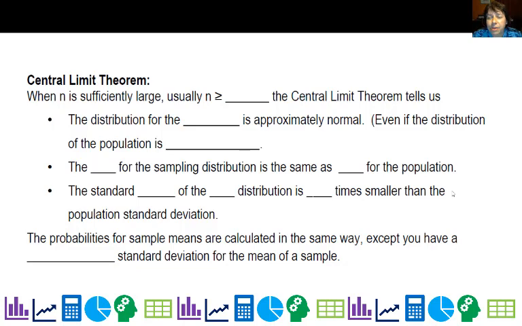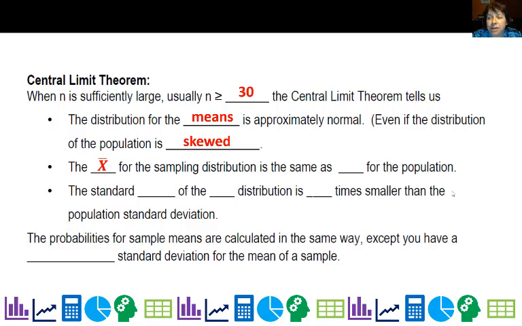So the central limit theorem is when n is sufficiently large, that is, in our case, n is greater than or equal to 30, the theorem tells us that the distribution for means is approximately normal, even if the distribution of the population is skewed. So if we have a big enough sample, we don't care what the population looks like.